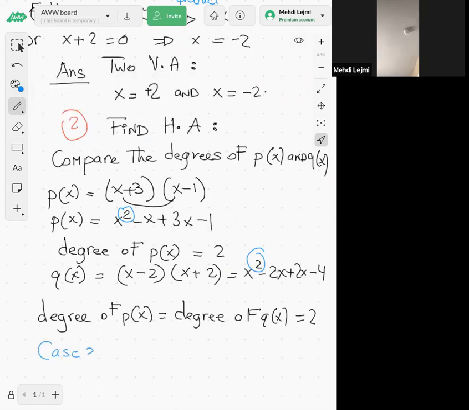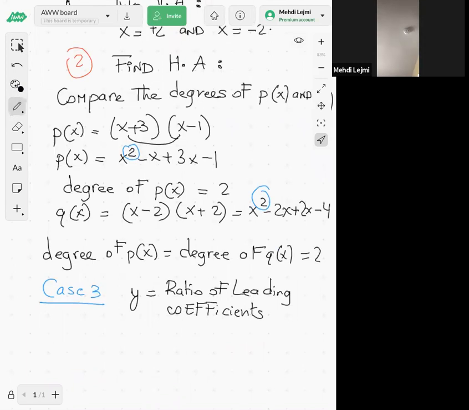And in case number 3, we said the horizontal asymptote y would be the ratio of the leading coefficients.